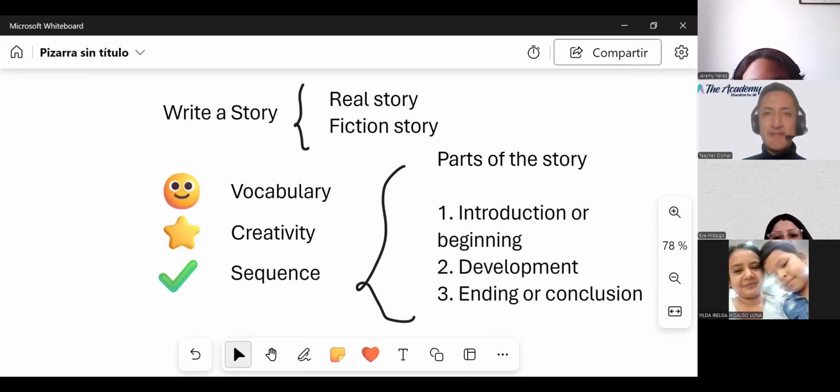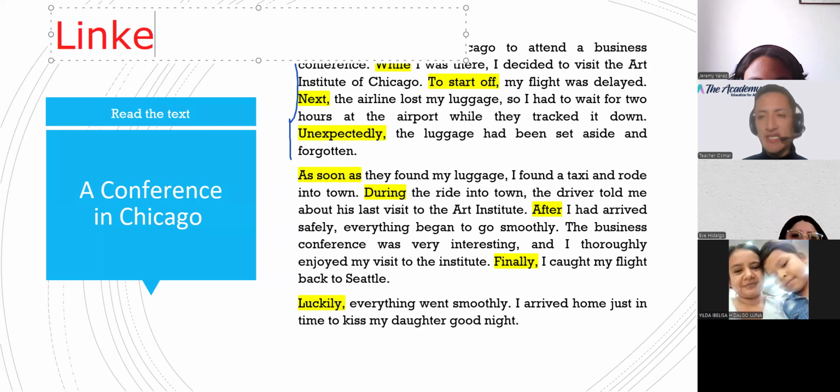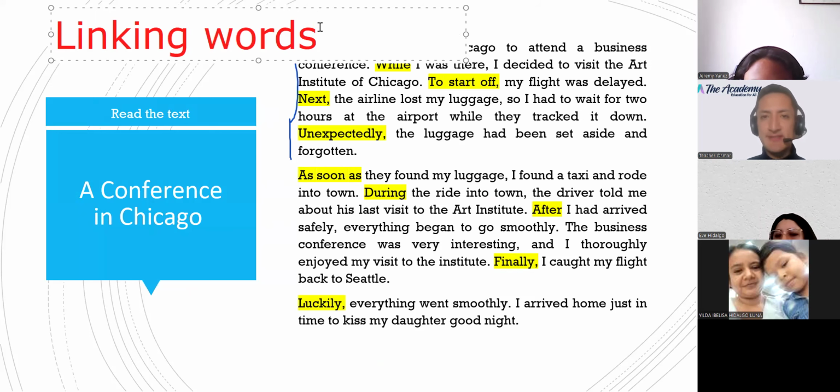Okay, so my dear students, right now all together we are going to read the next story and we are going to identify the meaning of these highlighted words. Okay, I need your help because together we are going to identify the meaning of these highlighted words. They are known as linking words or sequencing words, okay?